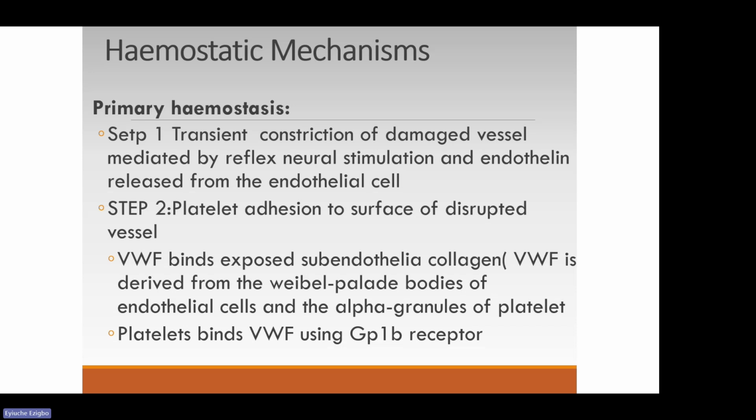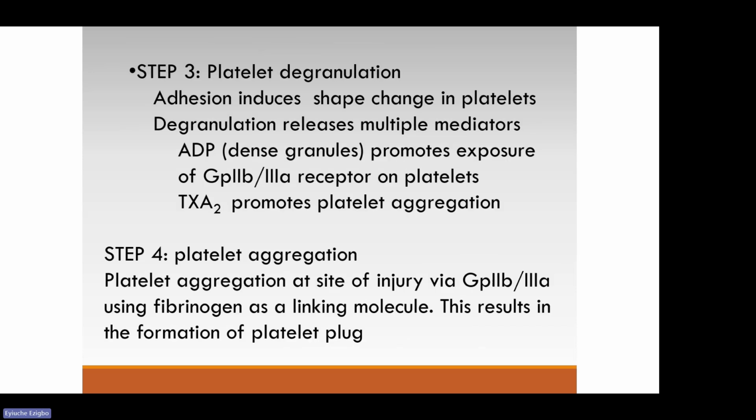This platelet adhesion causes platelets to be activated and release some of these dense granule substances, ADP. So after this activation of platelets and the expression of the second receptor on platelets, glycoprotein 2b3a, the process of platelet aggregation now comes into play.